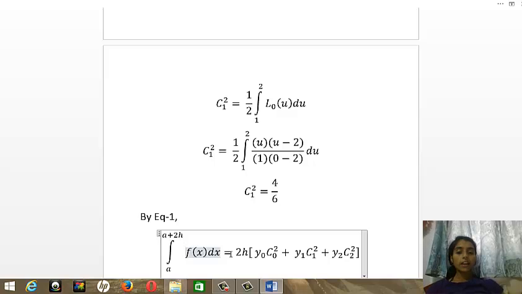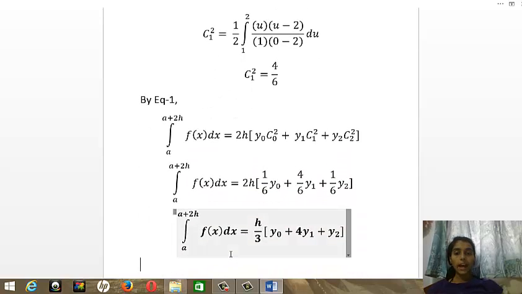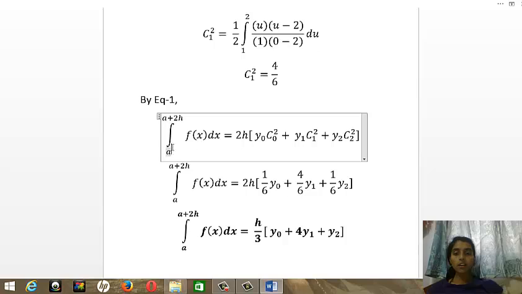Now, putting the values of C0^2, C1^2 and C2^2 in equation 1, we get integration of f(x) dx from a to a plus 2h equals 2h, y0 C0^2 plus y1 C1^2 plus y2 C2^2. In this equation, we put our values.